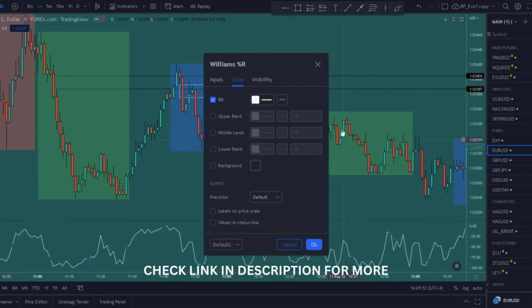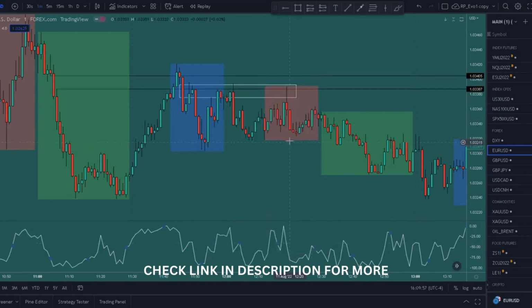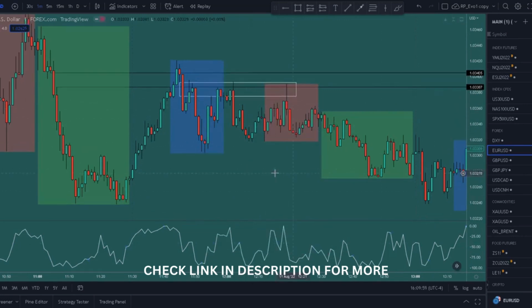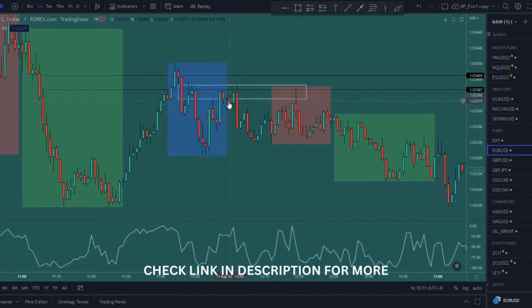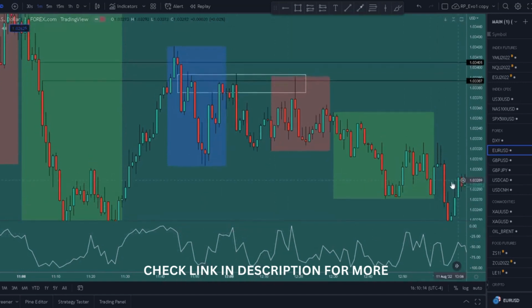Again, I did a lot of backtesting and forward testing with RSI. It did not really work that well, but Williams is helping a lot. So this is the idea. You see that this imbalance was created here, but when price came back, you see that this was above this level here. The same thing happens when price hits this imbalance.